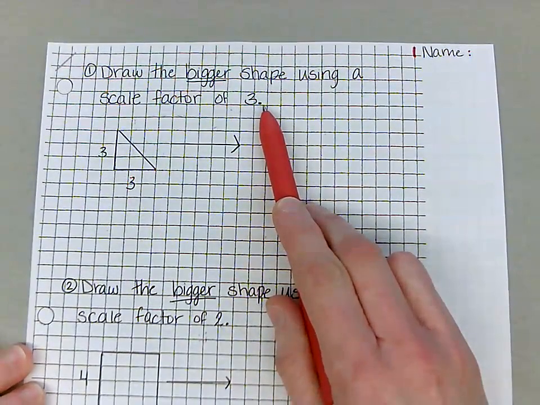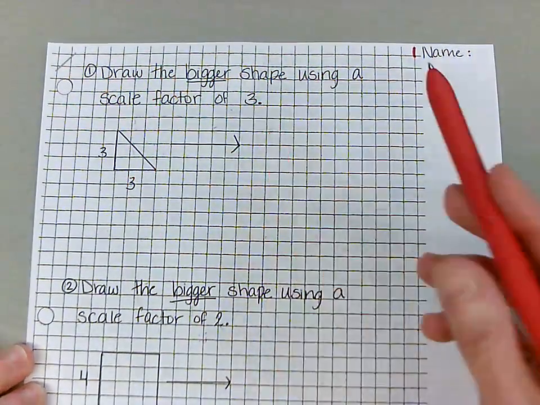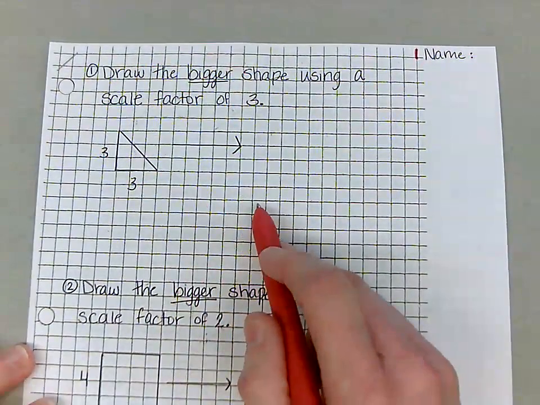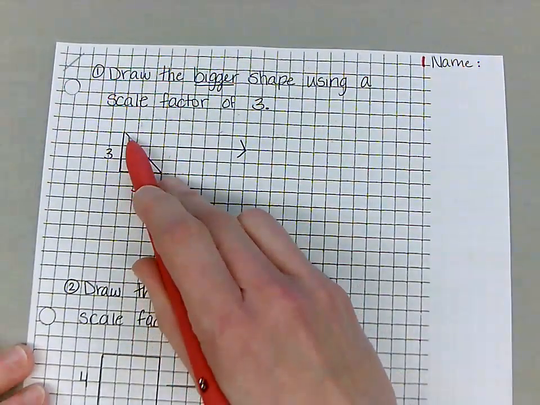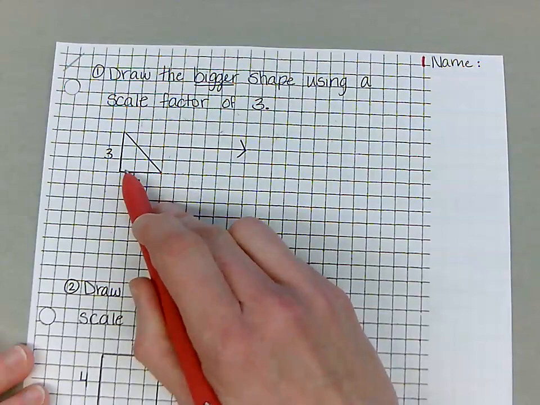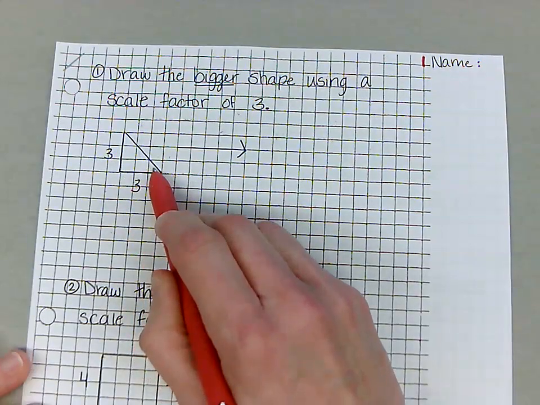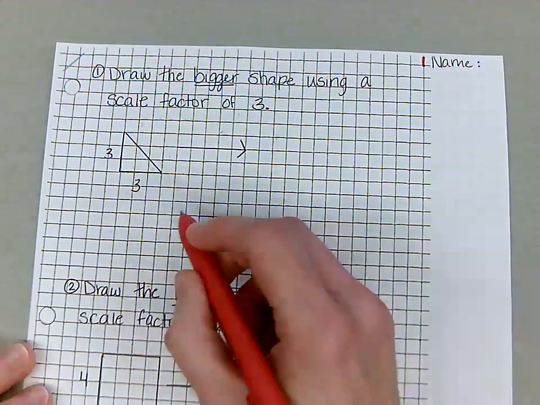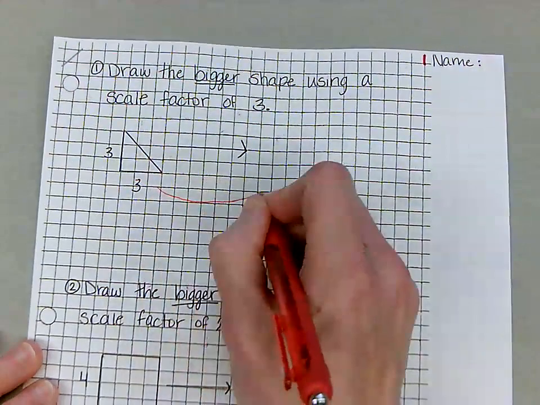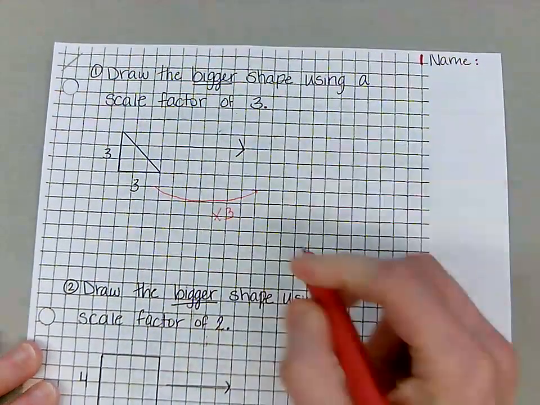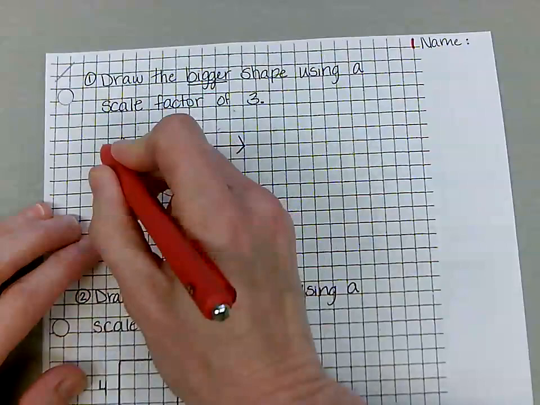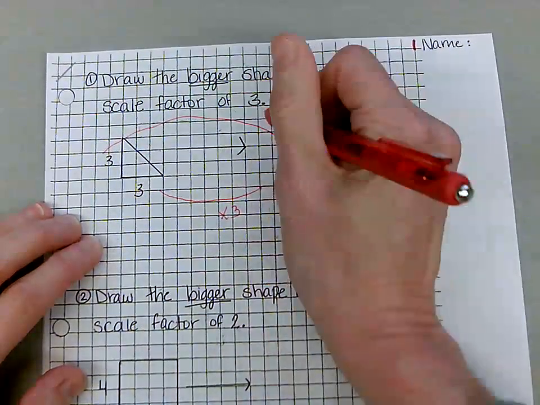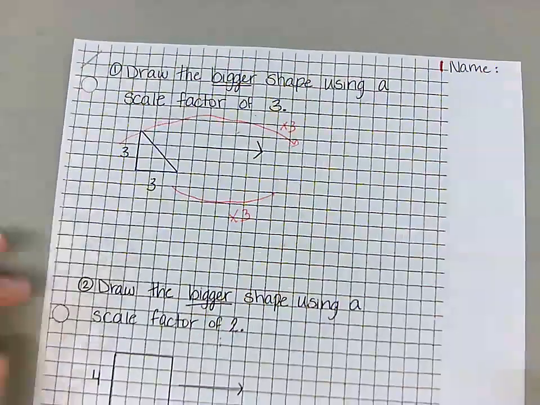Scale factor of 3. Notice this is on grid paper, right? If you look at this triangle, 1, 2, 3, you've got 3 for the height, and 3 for the base. Now if we're going to go 3 times bigger, I'm going to do times 3, and this side as well is also going to be times 3.